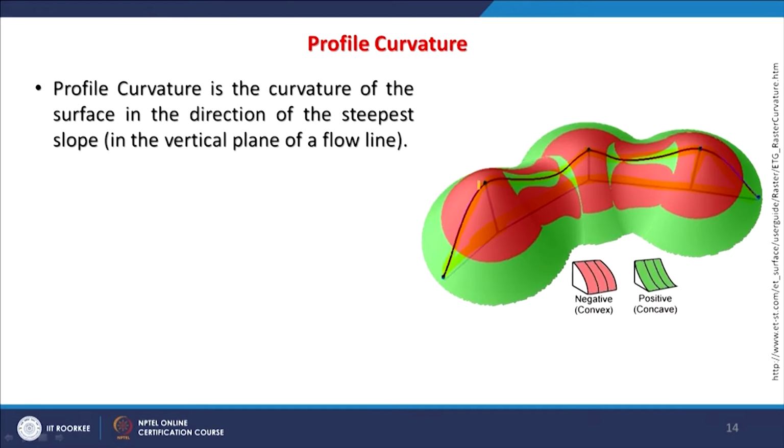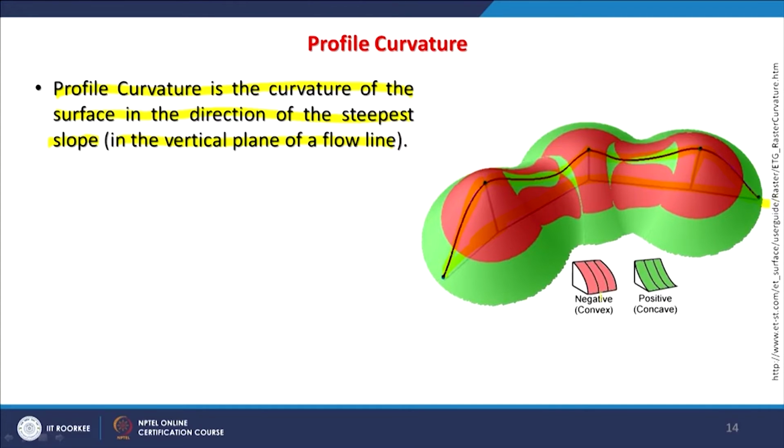So, profile curvature is the curvature of the surface in the direction of steepest slope in the vertical plane of flow line. Here we will consider these slopes, which decide our profile curvature.